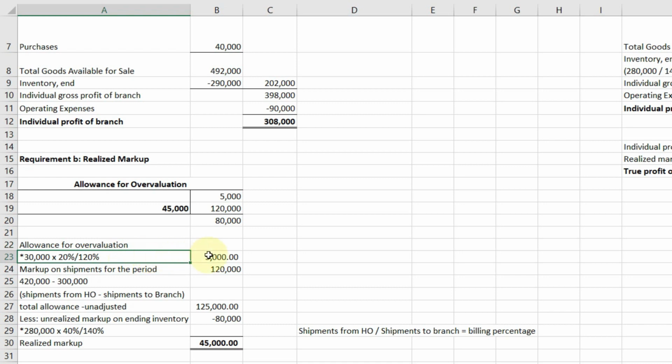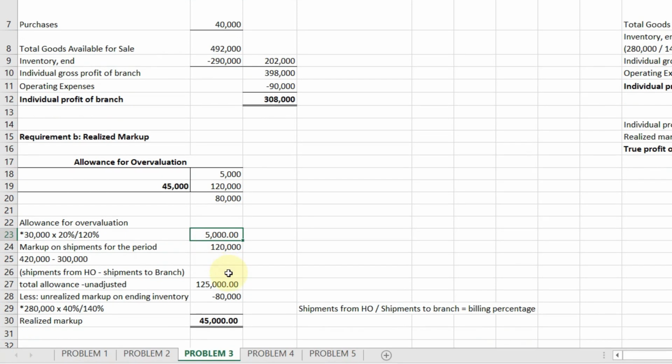Okay, so kunin mo yung markup niya by multiplying the markup percentage divided by the billing rate. So, you'll have 5,000. Okay? So, next, we have shipments for the period. Ito kasi ay dagdag. Dagdag sa kanya. Ma'am, paano makukuha ang markup niya? Given kasi, yung tingnan nyo sa guided exercises nyo, yung shipments from home office na 420.